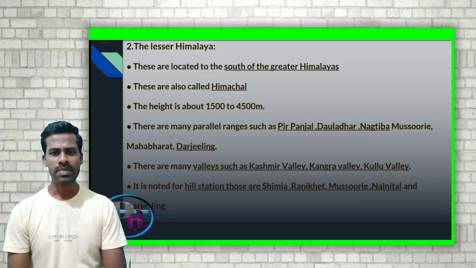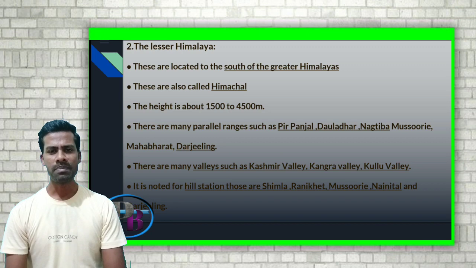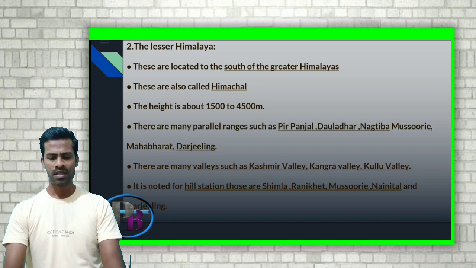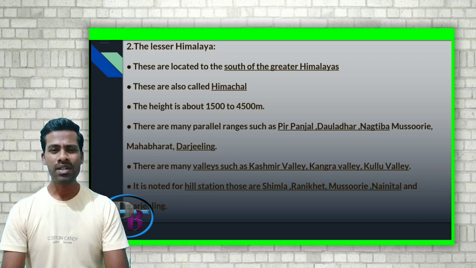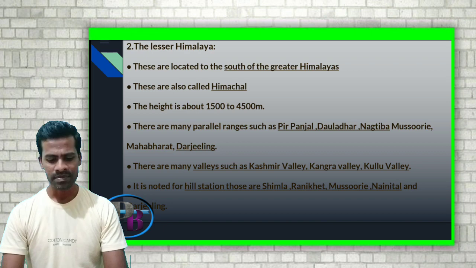The second important parallel range is the Lesser Himalaya. Lesser Himalaya is one of the very important parallel ranges that come under the northern mountains. Where are these located? These are located south of the Greater Himalaya. The Lesser Himalaya has one more name, that is Himachal.